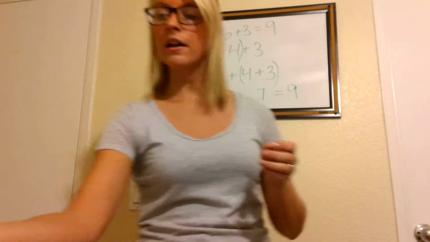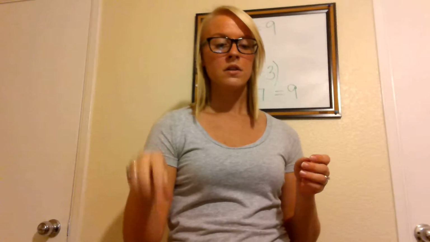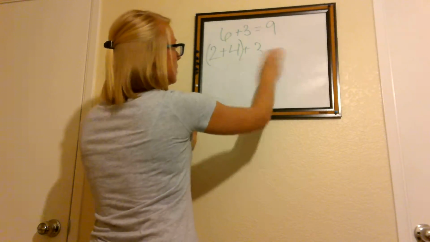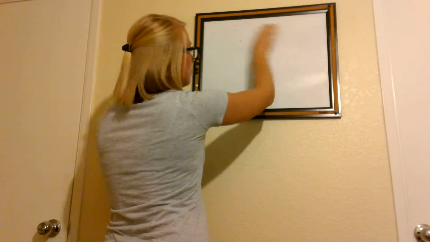And I got a 5 and a 1. So what you're going to do is you are going to use those two numbers, and we're going to do the commutative property first. So since I rolled a 5 and a 1, I'm going to write those in two different ways, just like we did with the commutative property.